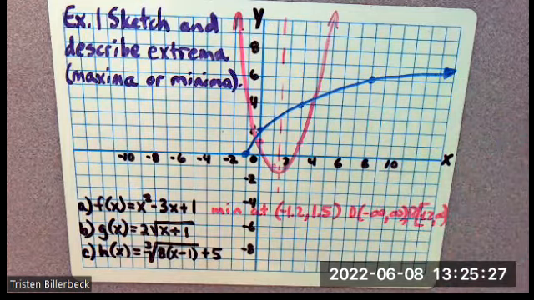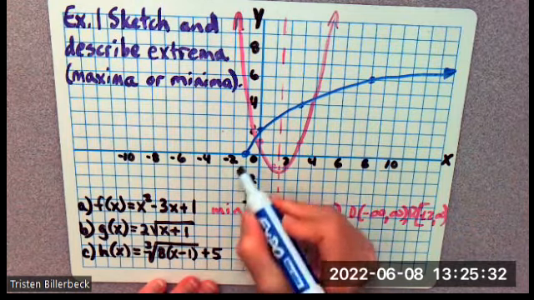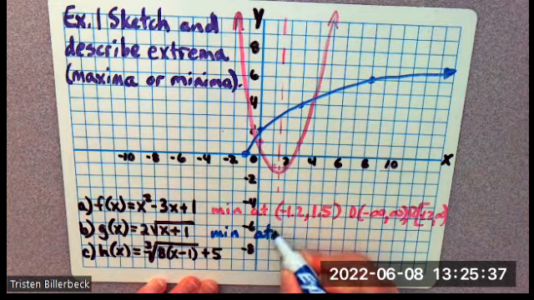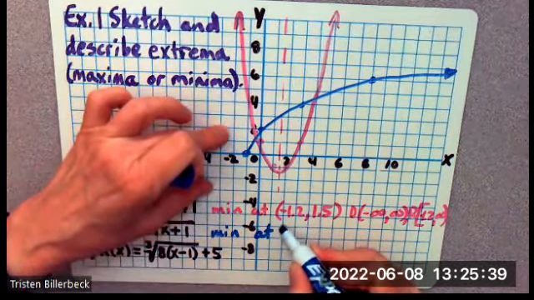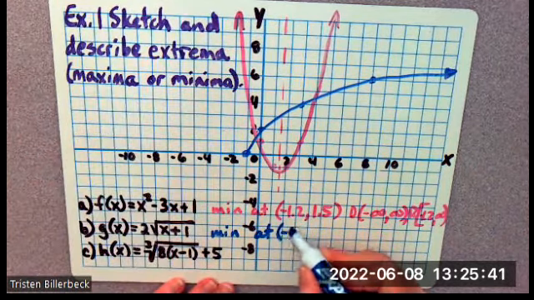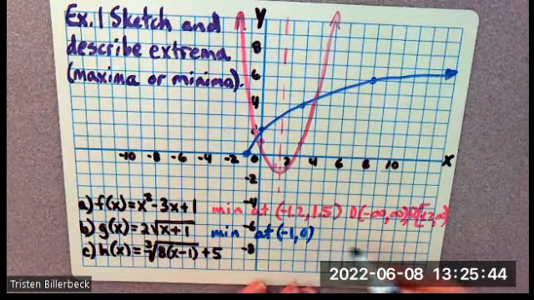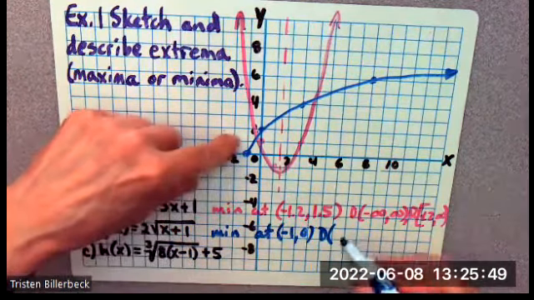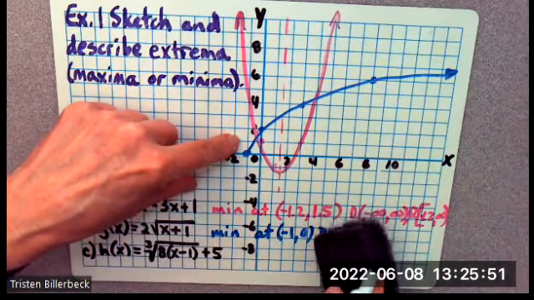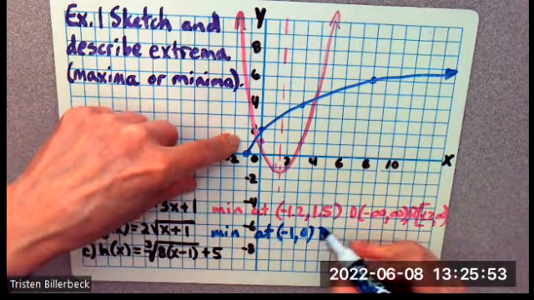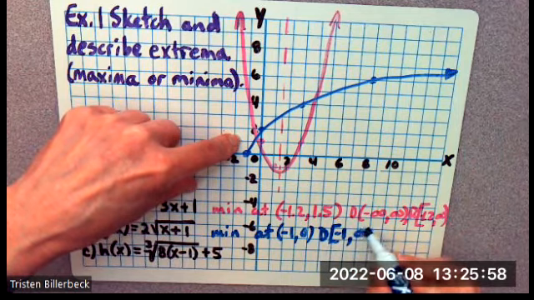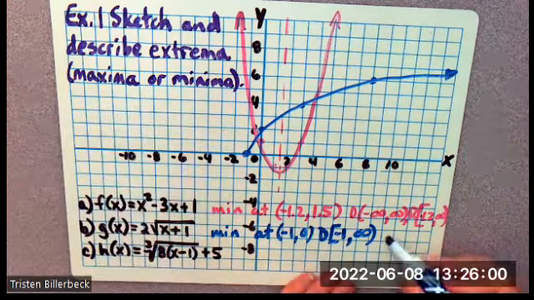Okay, so when we describe our minimum, this is a minimum point. The minimum for this one is at x is -1, 0. And the domain will have a bracket here, because it is at -1, and then it's going off to infinity, so we use parenthesis.